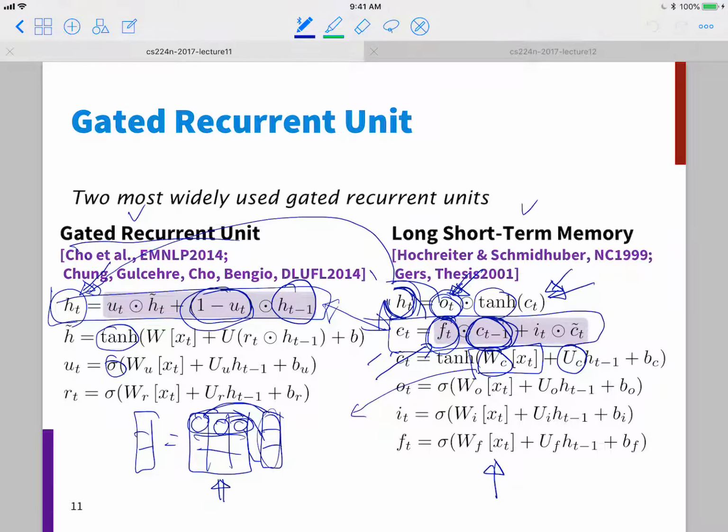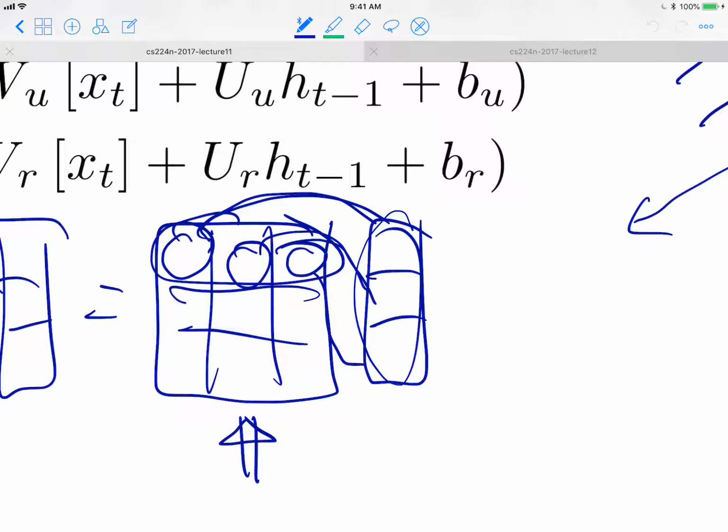And related to that, you know the He initialization or Xavier initialization. I'm not sure how to pronounce it.